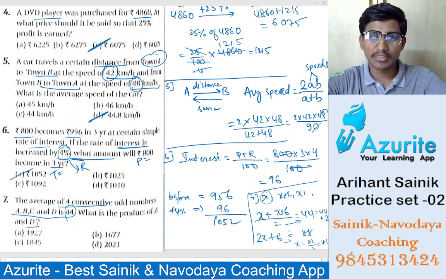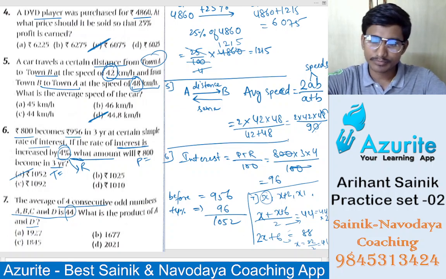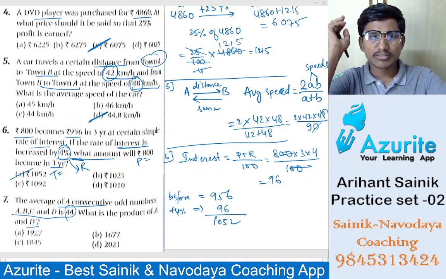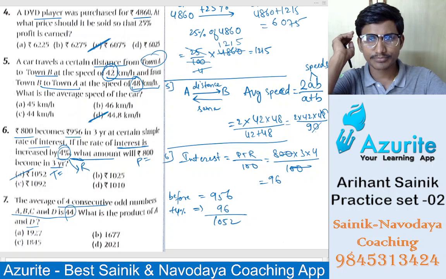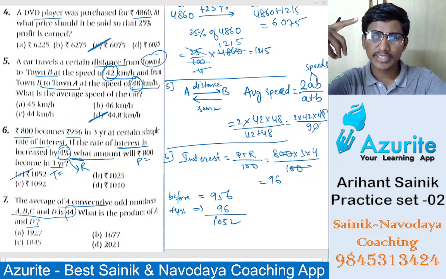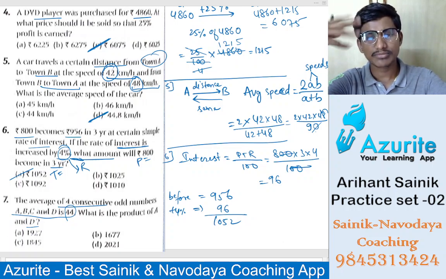Is it visible? Yes, sir. So the first number is how much? 41, right? 41, then plus 6 is 47.